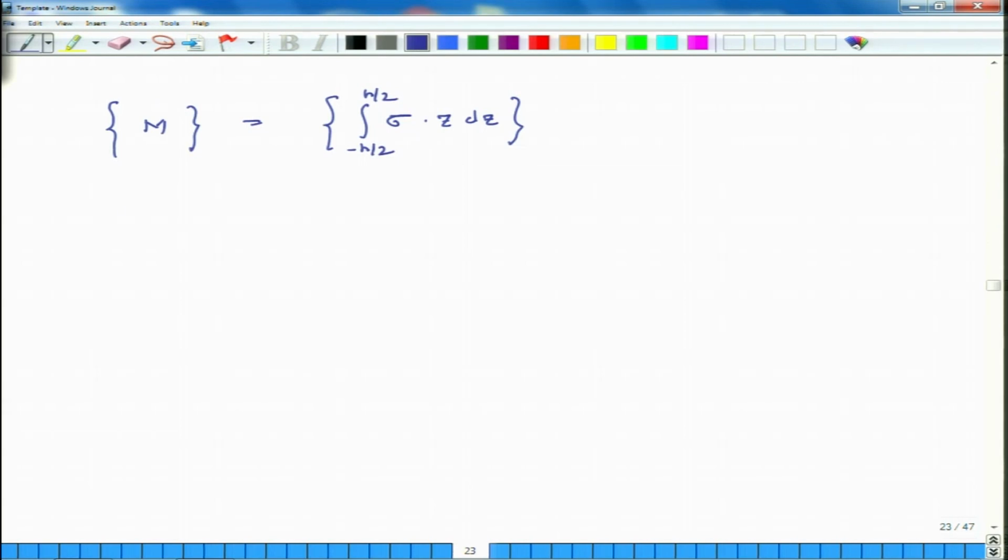But we know that the sigma vector is nothing but the Q bar vector, and it changes from one layer to another because the material is changing. So, we have to talk about the kth layer. For the kth layer, sigma is like this. Okay.